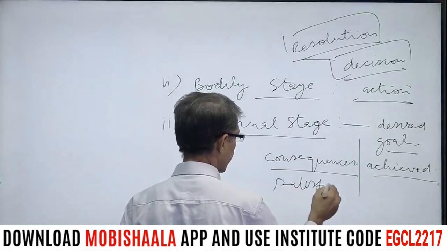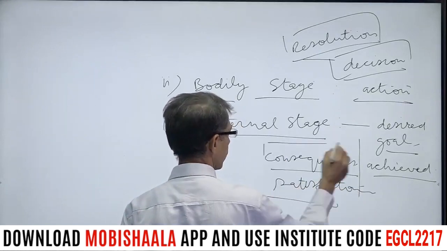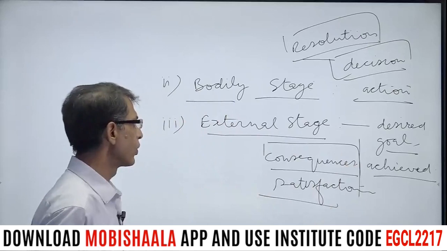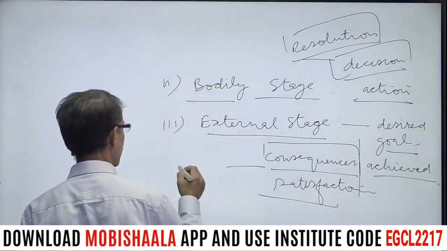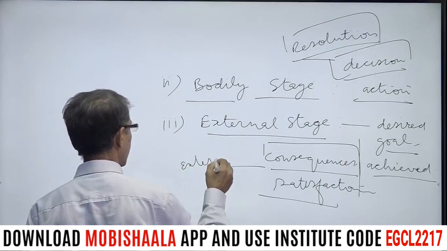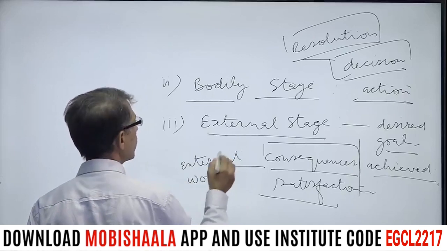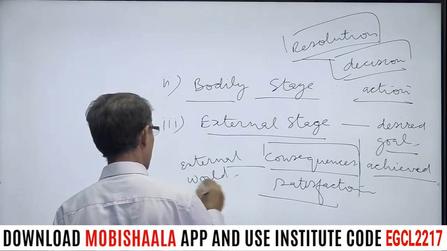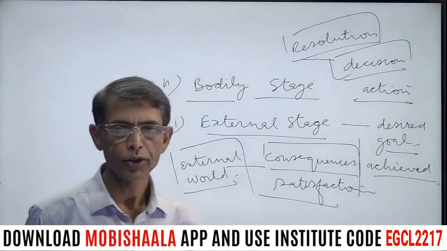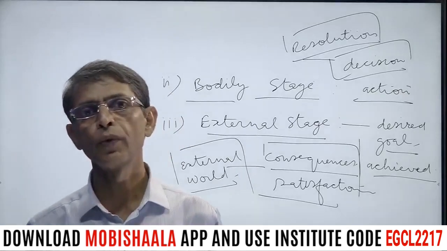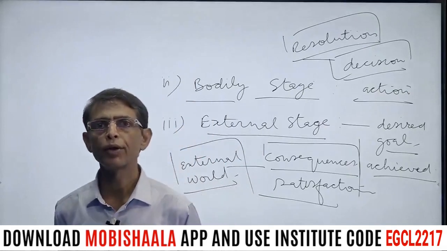In one word, consequences will be there, and they take place in the external world, and that's why it is known as the external stage. Whether the consequences are satisfactory or unsatisfactory, pleasurable or miserable, that's a different thing. But this is the third stage, of consequence.